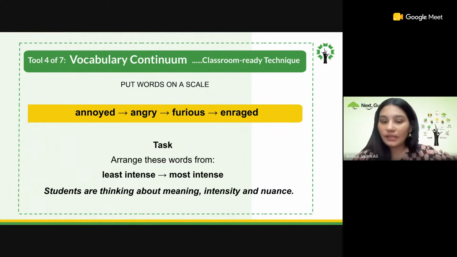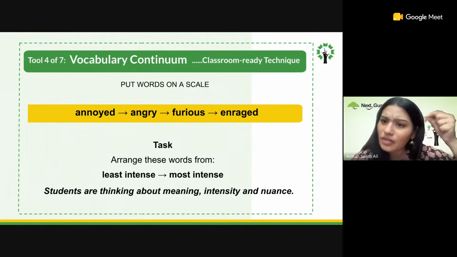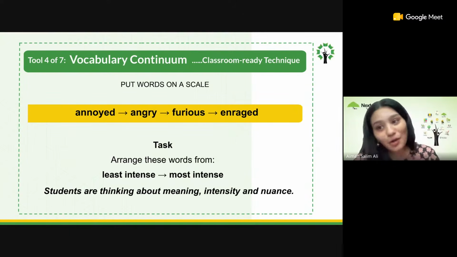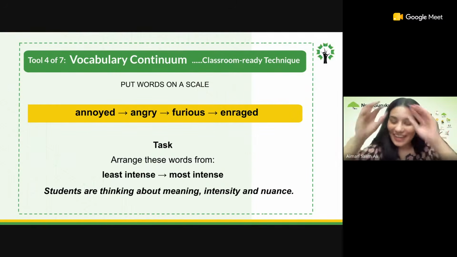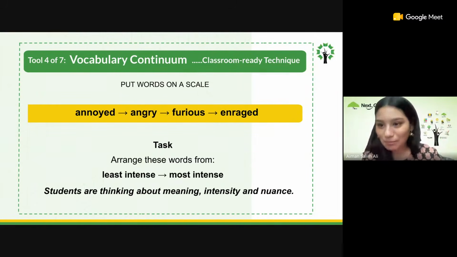So it does not mean that enraged always means angry, but by putting the words on a scale, they will understand that enraged means very, very angry, right? So next time they will not say I had a very enraged teacher. They will say I had a very angry teacher. Okay. Similarly for happy, happy can be the least on a scale, right?